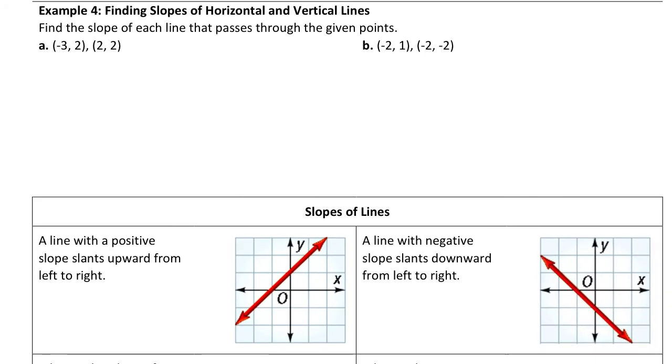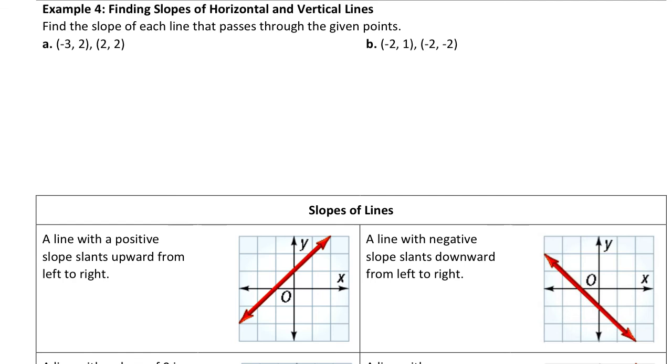In example 4, finding slopes of horizontal and vertical lines, we're going to talk about that, and the bottom has a nice little diagram to help you keep that straight. We're going to do the same thing. y2 minus y1, so that would be 2 minus 2. x2 minus x1, let's use green for that. x2, 2, minus x1, which is -3.